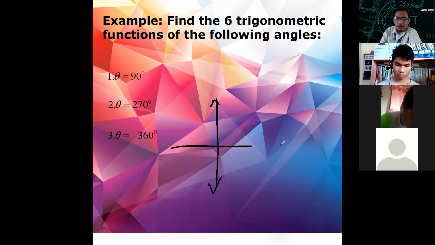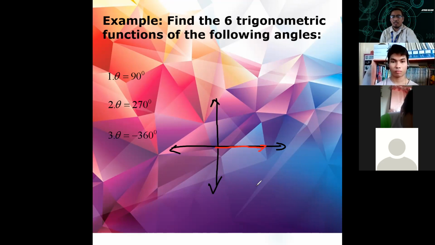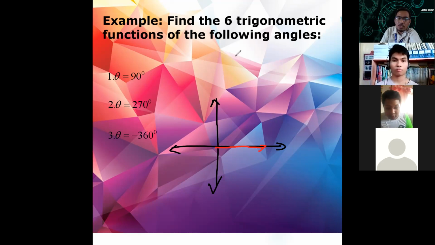Okay, again, your angle is in standard position if your initial ray is in the positive x-axis. Negative 360 degrees. Negative, the direction is clockwise direction. So it must be something like this: 90, 180, 270, 360. Right? It means your terminal ray will also fall on your initial ray.